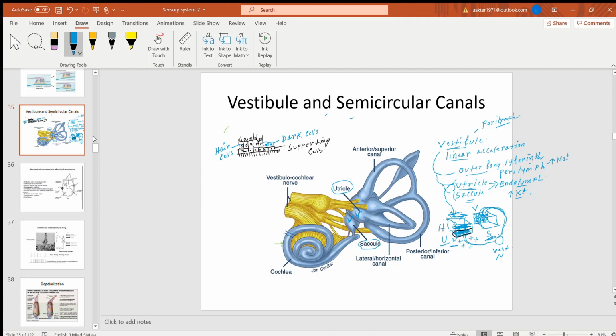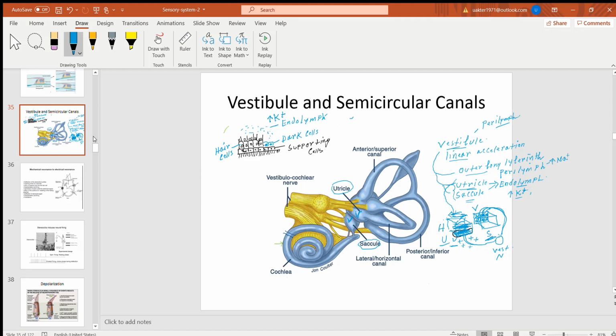These vestibular dark cells secrete potassium. So that's why in the endolymph, you have the endolymph here inside, the potassium is high.